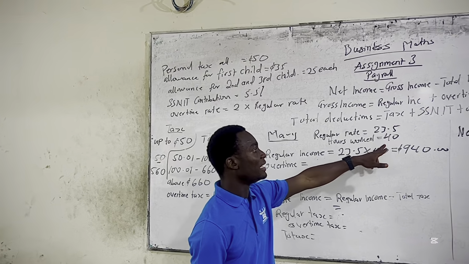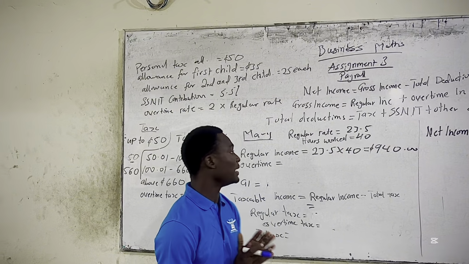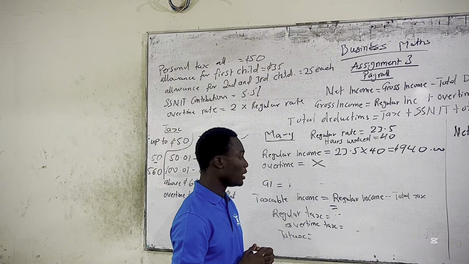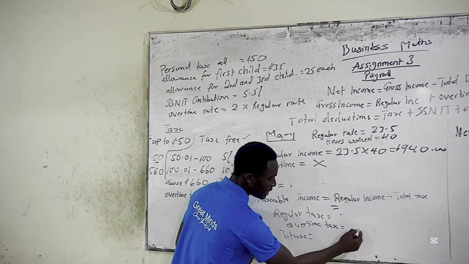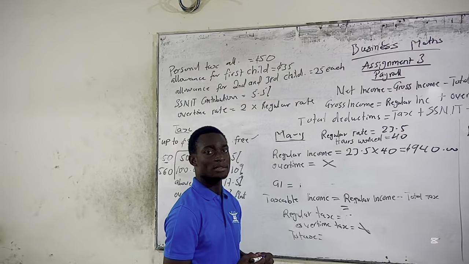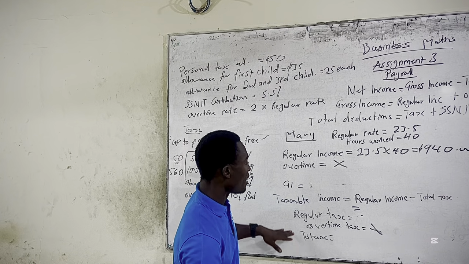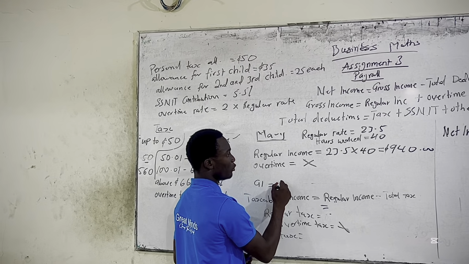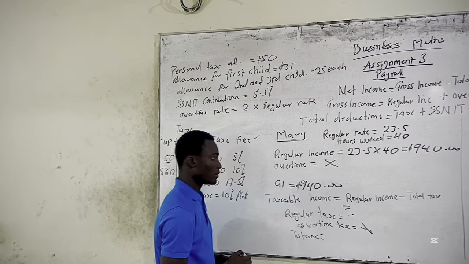Because the regular hours is 40, and she worked for 40 hours, meaning that there is no overtime income, right? If there is no overtime income, then there is no what? Overtime tax. Okay, so her gross income is equal to the regular income, which is 940 Ghana cedis.